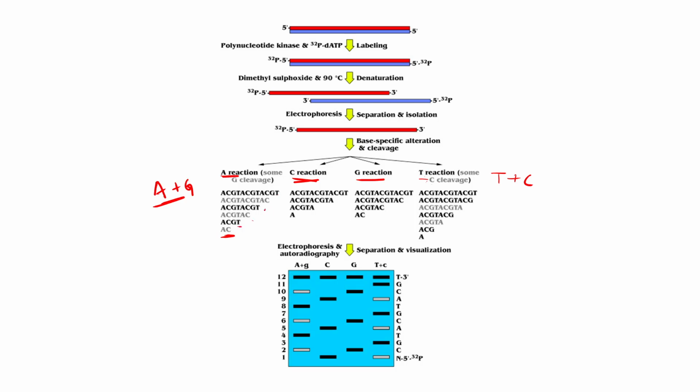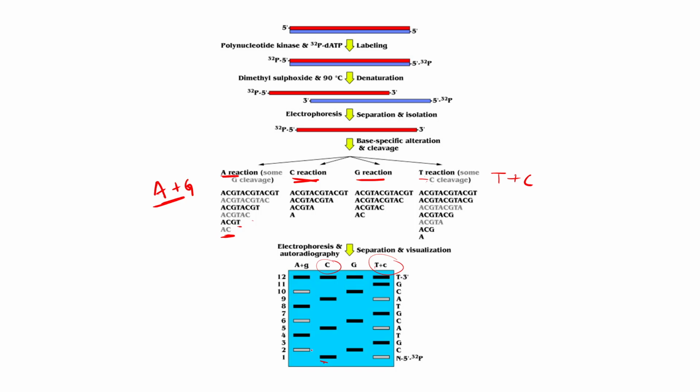So we have different sizes of fragments, and like we did in Sanger sequencing, we can have 4 wells for 4 different reactions, and then once we have the different fragments, we can analyze the gel. Here you can see that the smallest band is there in the C reaction and the T plus C reaction. So both of them have cytosine in common.